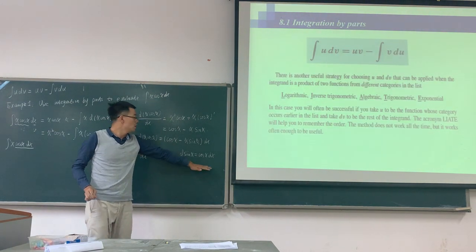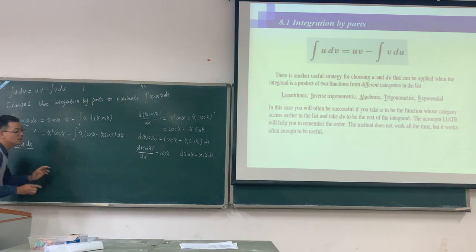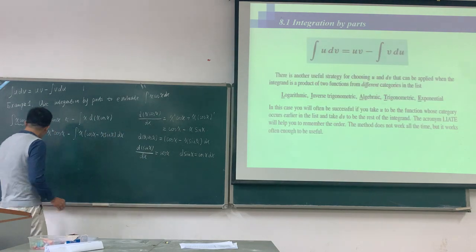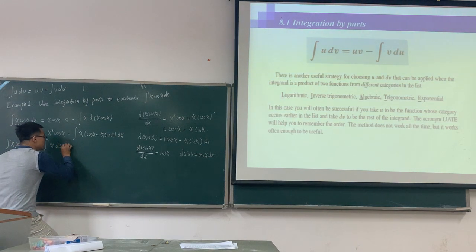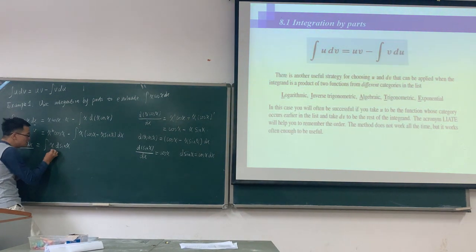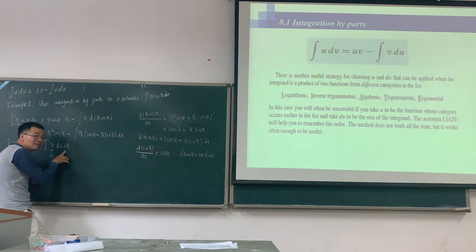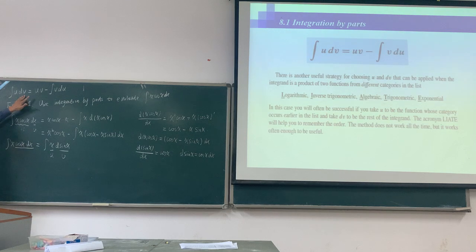So here we can write the cosine x dx part as d sine x. So we can write this as x d sine x. If we write it in this form, we let u be x, and we let v be sine x. So we will write this antiderivative as u dv.